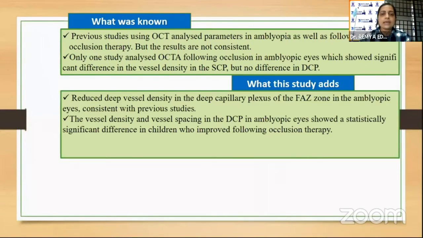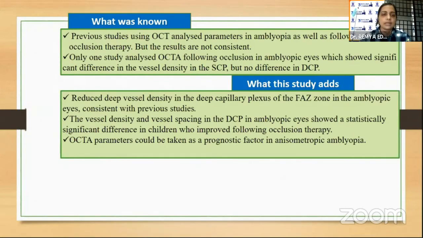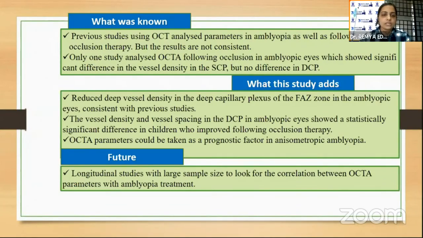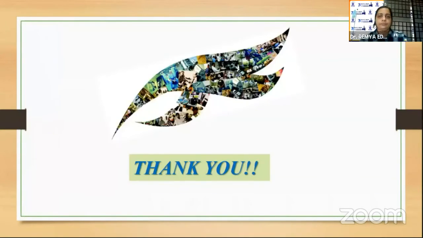The vessel density and vessel spacing in the DCP in amblyopic eyes showed a statistically significant difference in children who improved following occlusion therapy. So, OCTA parameters could be taken as a prognostic factor in anisometropic amblyopia. In future, longitudinal studies with a larger sample size to look for the correlation between OCTA parameters and amblyopia treatment would be required. Thank you.